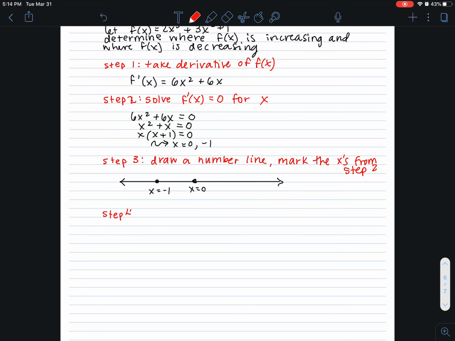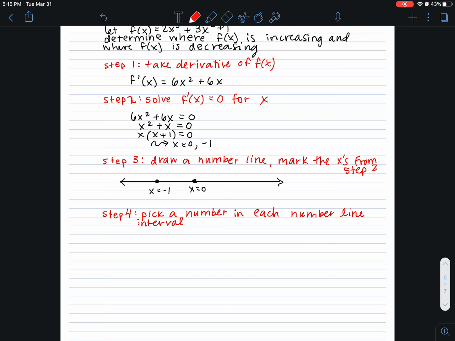Step 4, which I'm actually going to draw in the same area above on my number line, is to pick a number in each number line interval. By number line interval, I mean stuff to the left of this guy, stuff between these two, and stuff to the right of this guy.